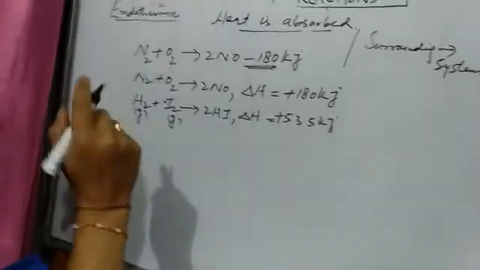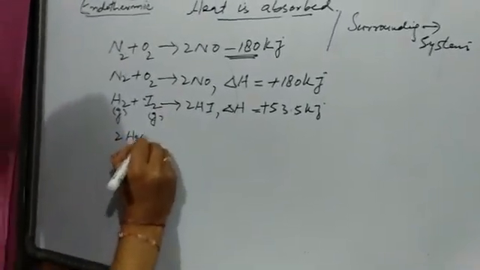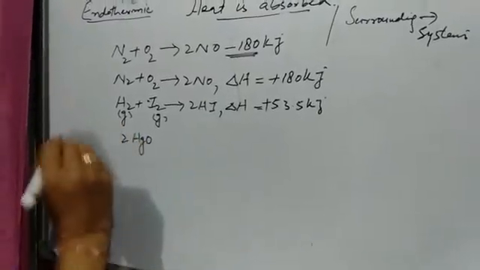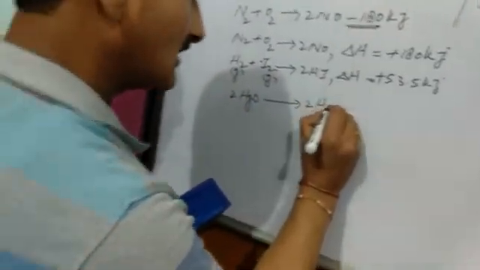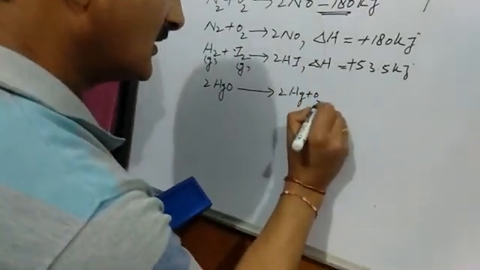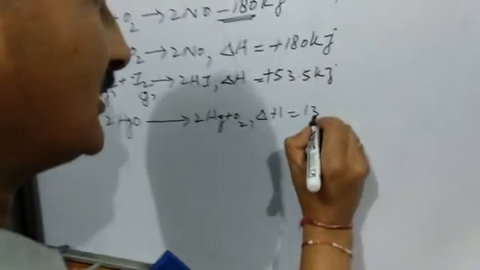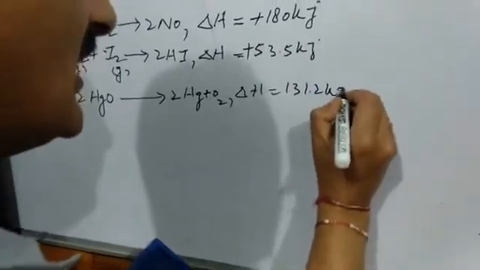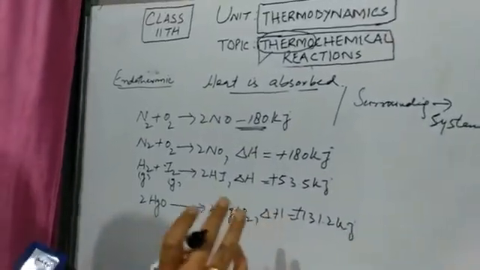Similarly, we can give another example of decomposition of HgO, mercuric oxide. If it undergoes decomposition, it forms mercury plus oxygen. And again delta H is 131.2 kilojoules. Again this positive sign means this much amount of heat has been absorbed.